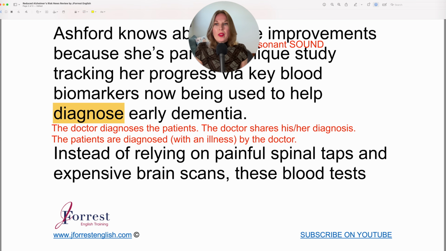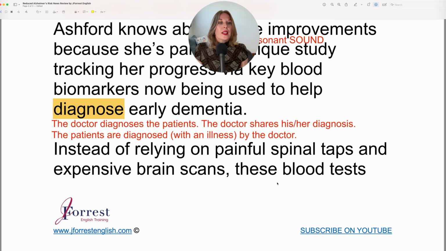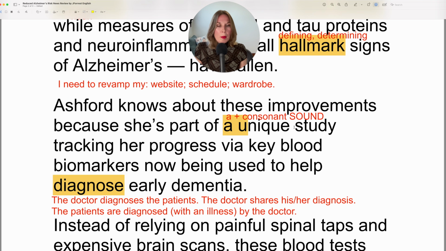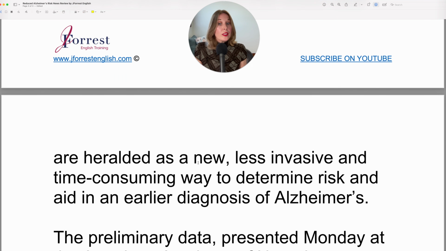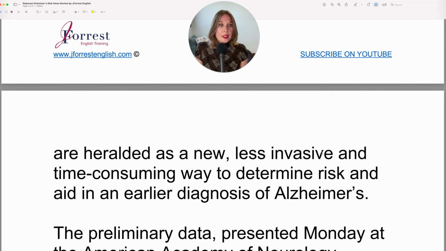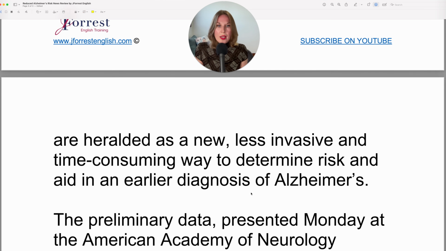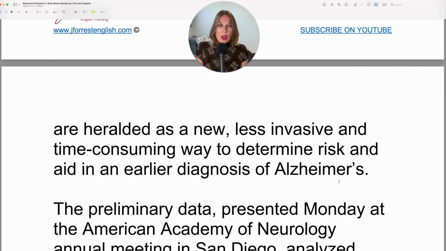Let's continue. Instead of relying on painful spinal taps and expensive brain scans, these blood tests, so remember it was the blood tests here in this unique study, these blood tests are heralded as a new, less invasive and time-consuming way to determine risk and aid in an earlier diagnosis of Alzheimer's.